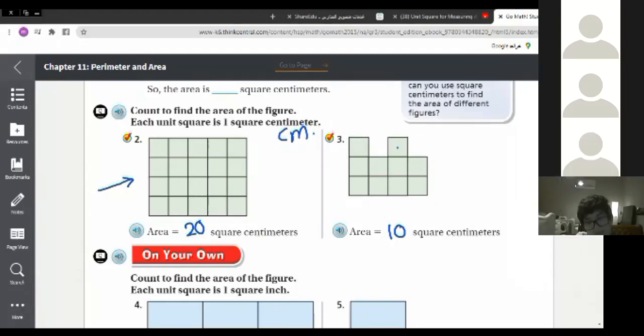Look, 1, 2, 3, 4, 5, 6, 7, 8, 9, 10. In figures 2 and 3, we count by square centimeters. But in 4 and 5, it's a little bit different. We're going to count square inches. An inch is the other side on your ruler. On your ruler, we have 2 scales, the first one for centimeters and the second for inches.